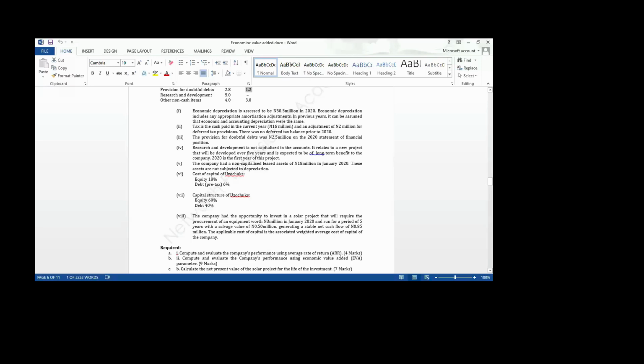The applicable cost of capital is the WACC of the company.